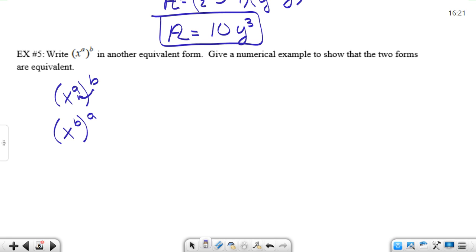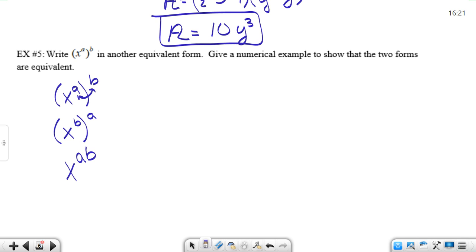Believe it or not, guys, these are interchangeable. It doesn't matter what position they're in, because guess what? They're both equal to x to the a times b. So all three of these are equivalent: x to the a to the b, x to the b to the a, x to the a times b.